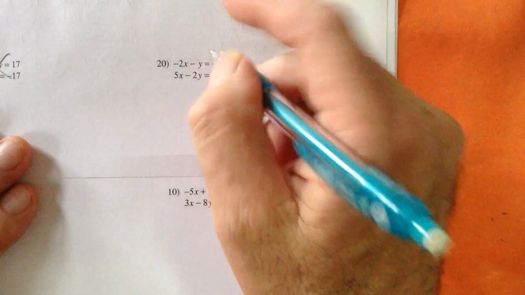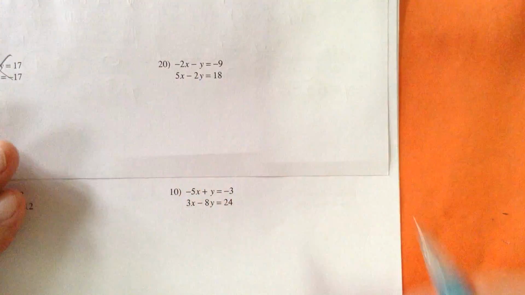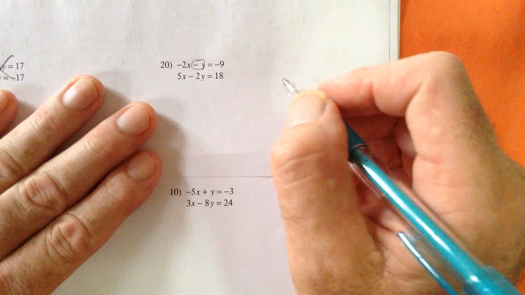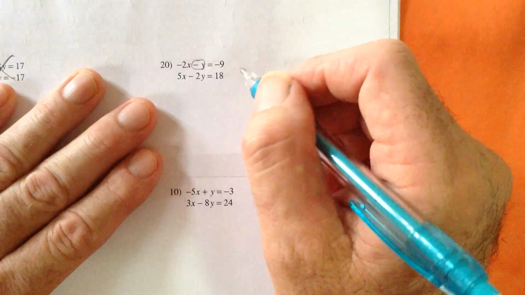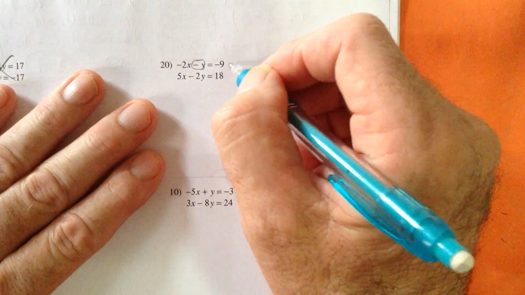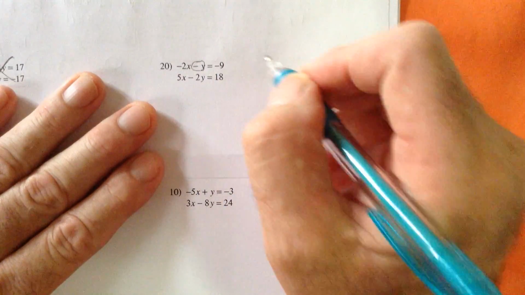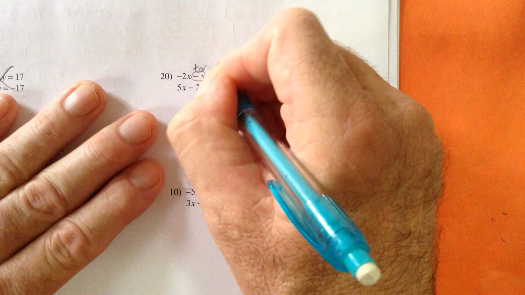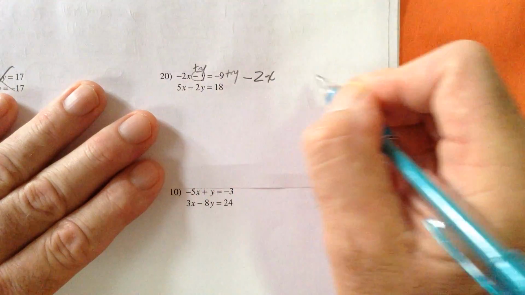This one, I haven't looked at 20, but you can see here you've got negative y. The way you would do this one is, well, there's a couple ways you could do it, but I would take the negative y, move it to the other side, and move the 9. I would go negative 2x, so this would be plus y, and plus y over here.